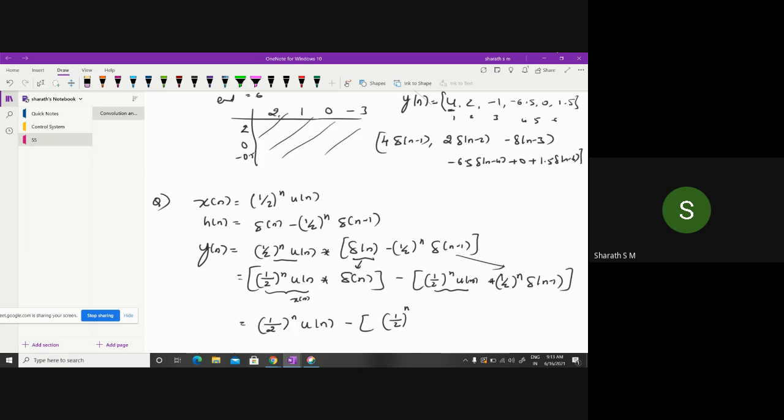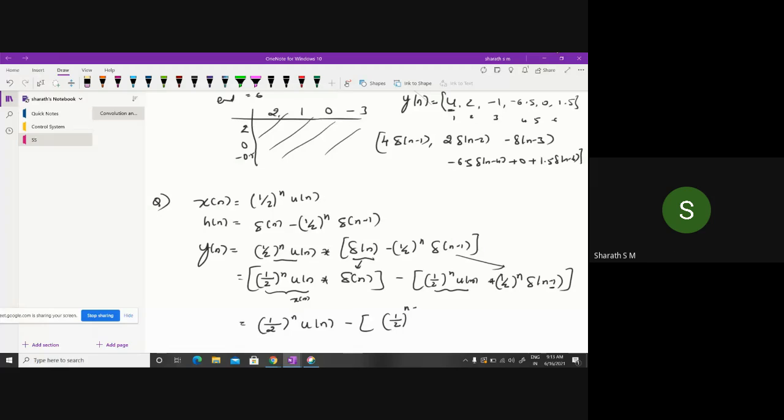What is the value of n naught here? Delta of n minus 1, so n naught is 1. So (1/2)^(n minus 1) into u of n minus 1, and retain the amplitude the same as (1/2)^n.